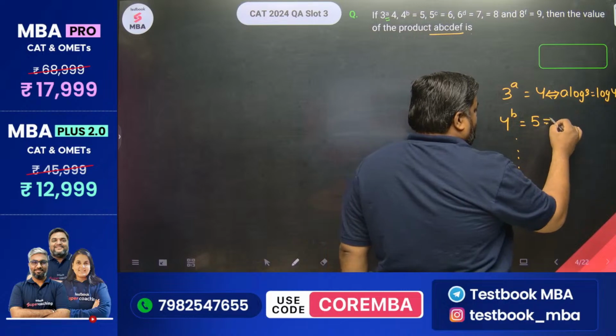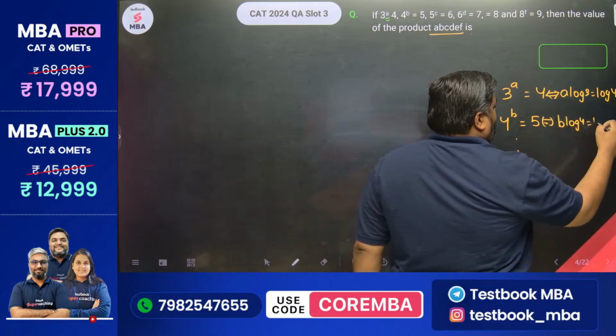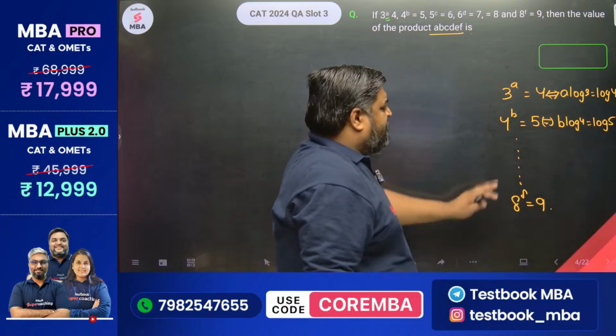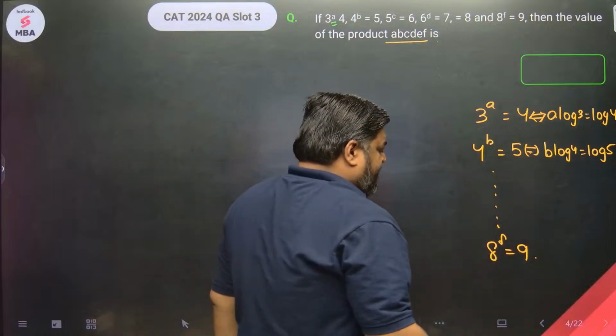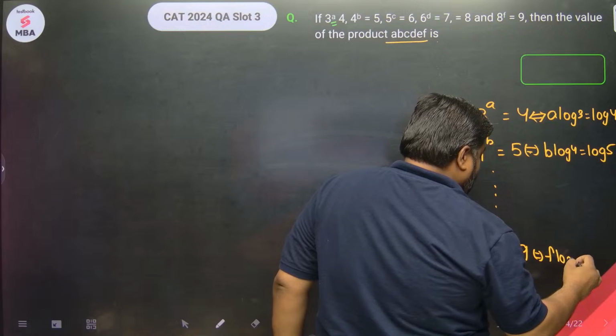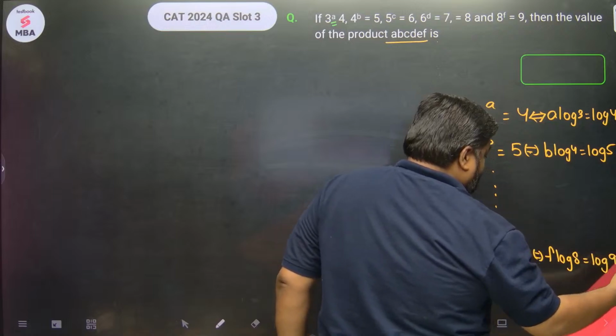Similarly, b log 4 would be equal to log 5 using the basic properties of log that we have done already. And this would be f log 8 would be equal to log 9, right?